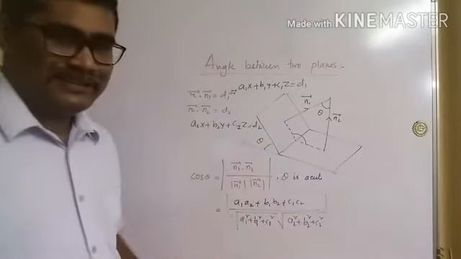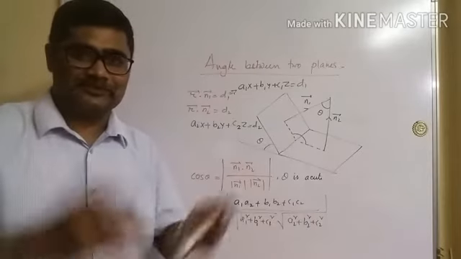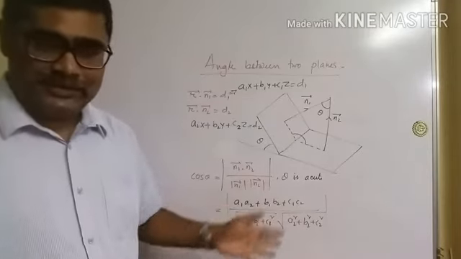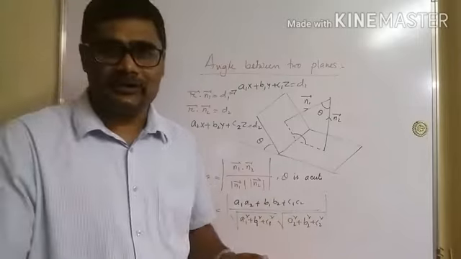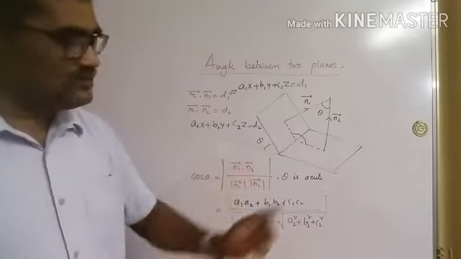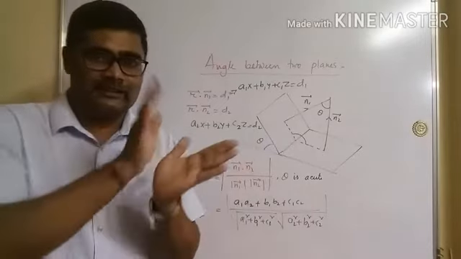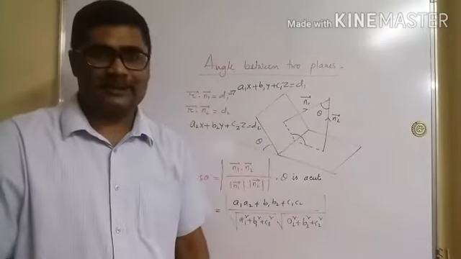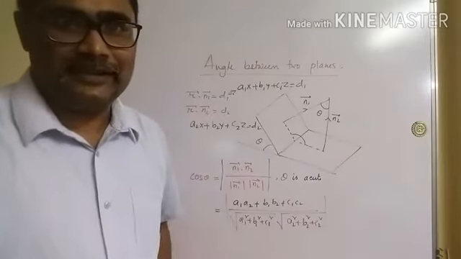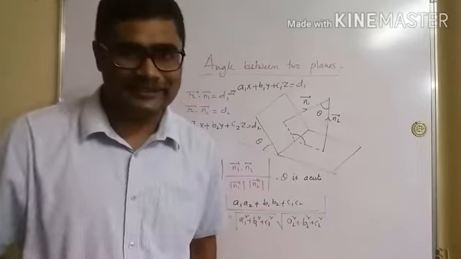Again, we are confining ourselves to the acute angle. So this is the expression for the angle between two planes. Take a little time, see this figure also, replay the video, see the original inclination of the models, and you will be able to identify it very clearly.